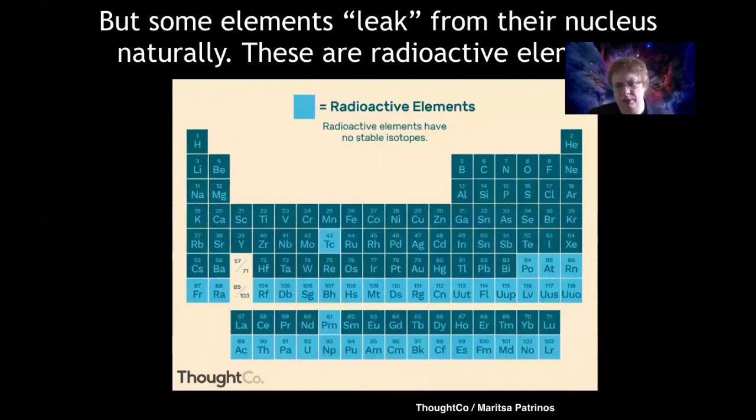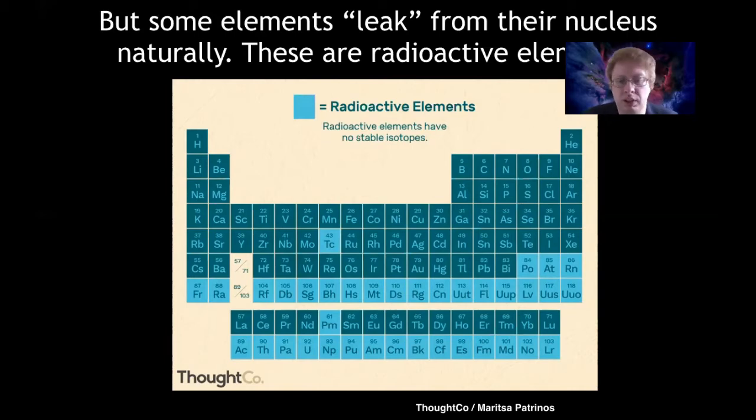It turns out, though, that there are some elements that do this naturally. They don't even need any assistance from us. These are the elements that we call radioactive elements. So here's a nice periodic table. It shows all of the elements that we know of, and it's highlighted the ones that are radioactive, that spontaneously appear to leak material from the nucleus and change and split the nucleus in that way.